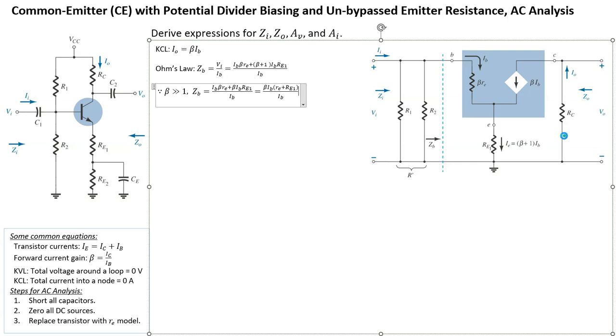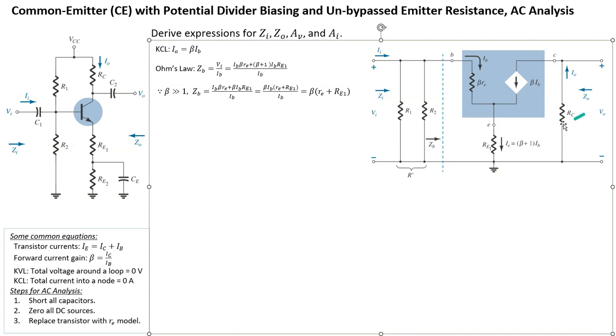Obviously IB cancels out, and what you're left with is just beta times RE plus RE1. That's our expression for ZB.